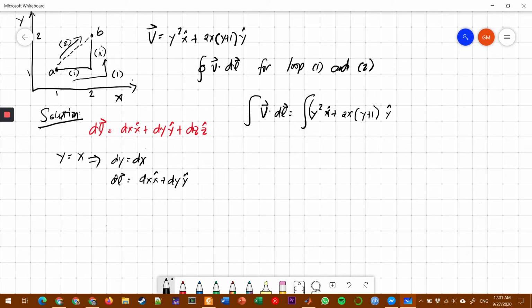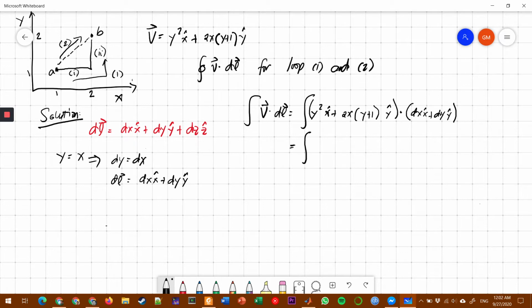So enclose everything and then take the dot. So atong dl is just dx and dy lang. Okay, wala na yung dz diha because this is a straight line and this is in terms of x and y only. Okay, let's take the dot of this.